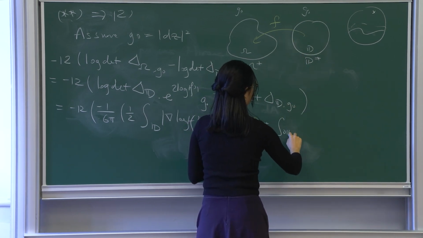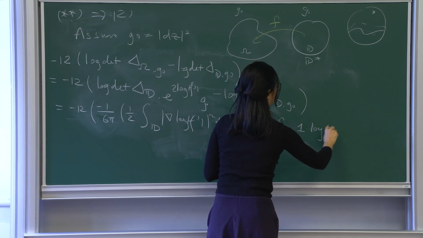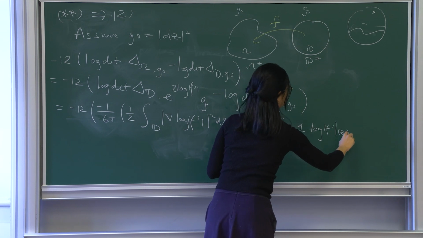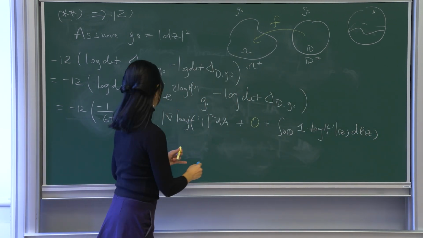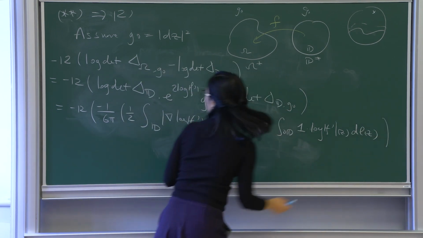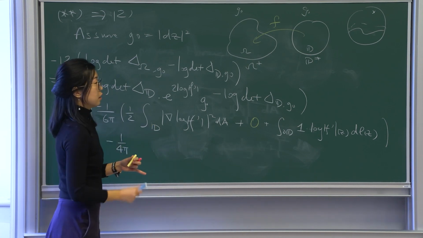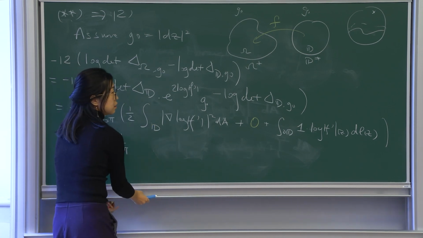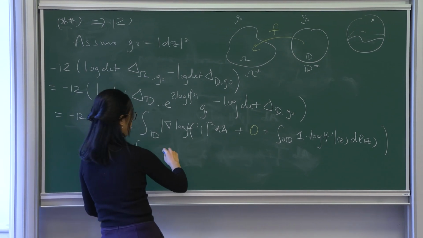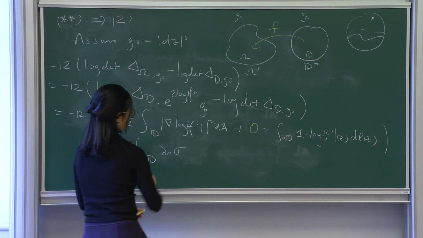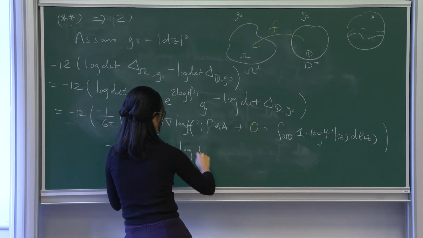You get 1 times log of f prime, the Euclidean length, minus 1 over 4 pi. Okay, the next term, this is sigma. This is log of f prime.